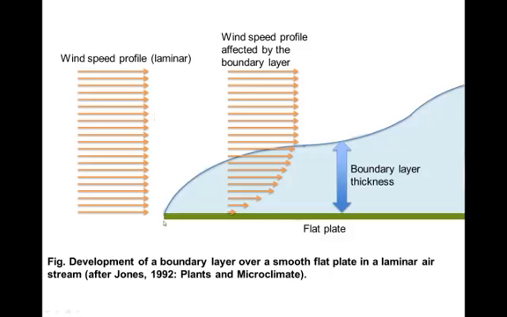Over the flat plate, because of the friction, because of the viscosity of the air, from a certain height the wind velocity is going to be reduced, reaching zero at the surface level. So this layer showing reduction of wind velocity is called boundary layer. And the thickness determines the resistance in terms of gas exchange from bulk air into the boundary layer.